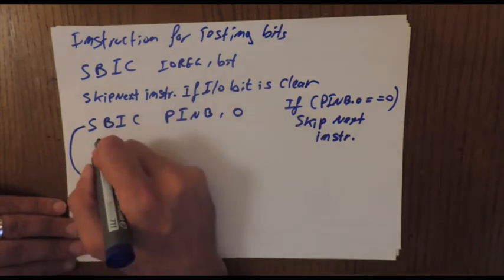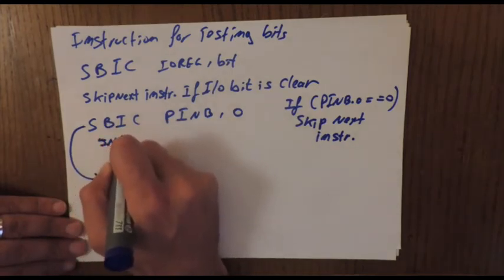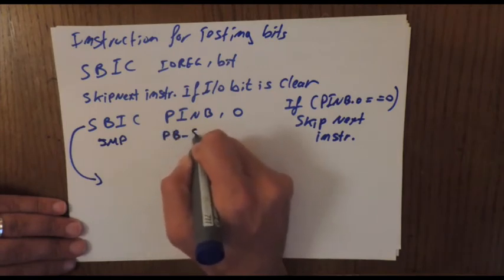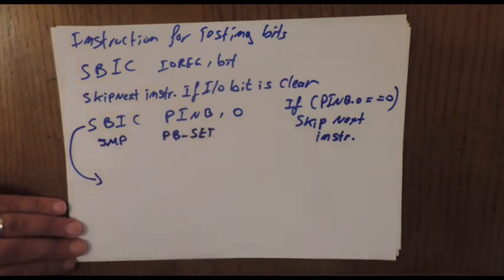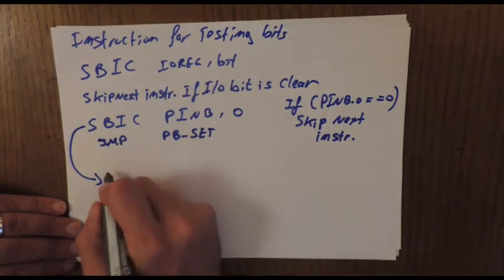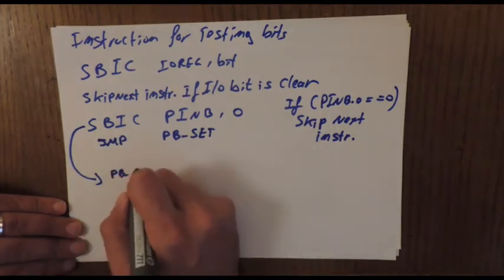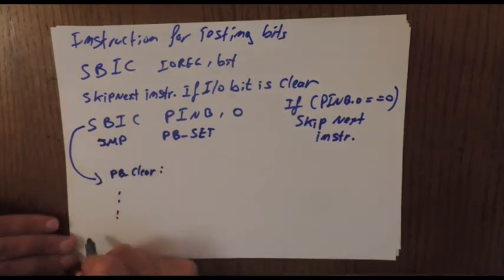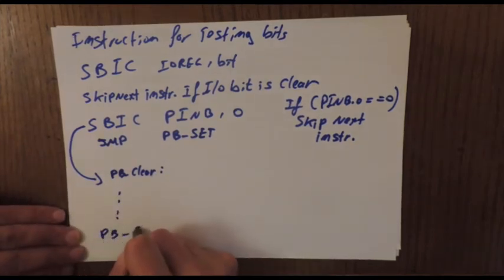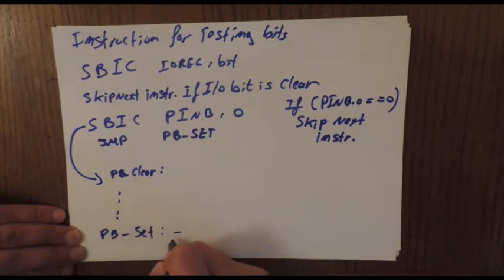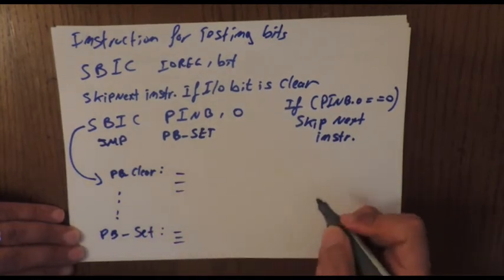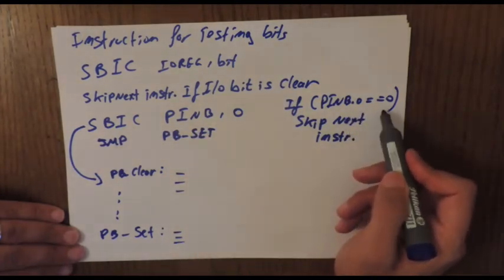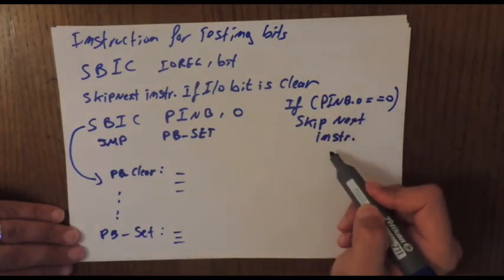I say here jump pin B set. Okay, and here we'll have pin B clear, and somewhere we'll have PB set to do some stuff. Okay, so if pin B equals 0, we skip the next instruction.